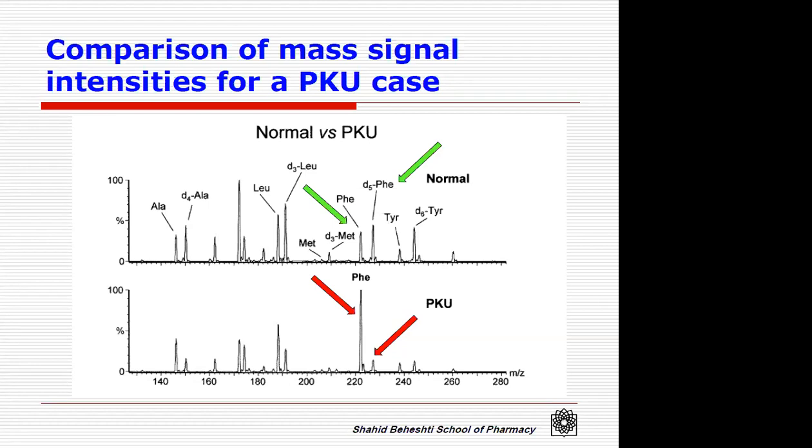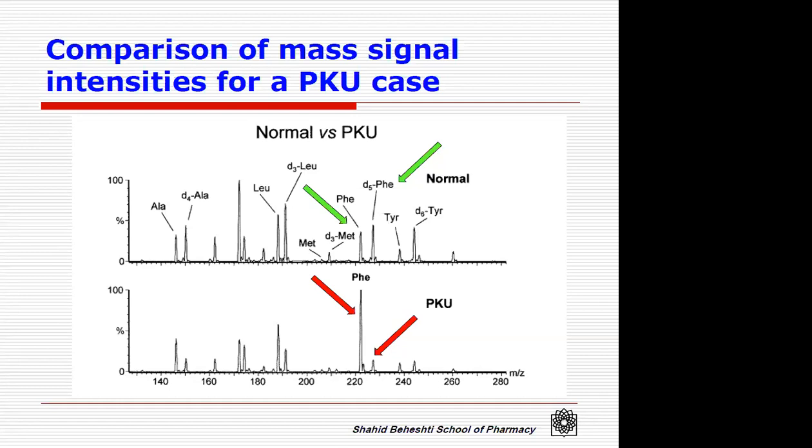As you see, the intensity of D5-phenylalanine is larger than natural phenylalanine. That means the natural phenylalanine has not reached a pathological level.